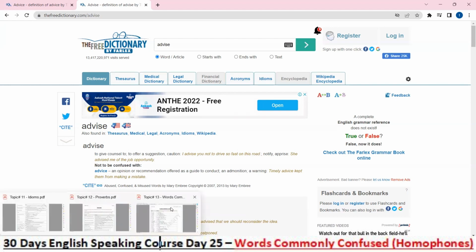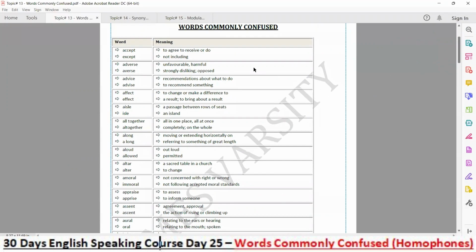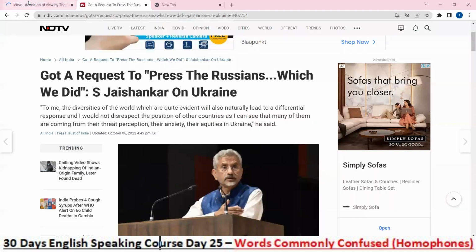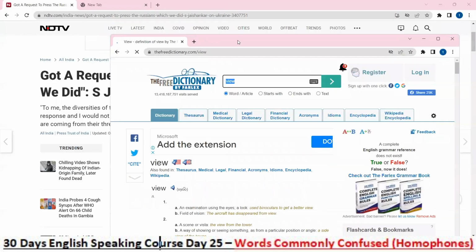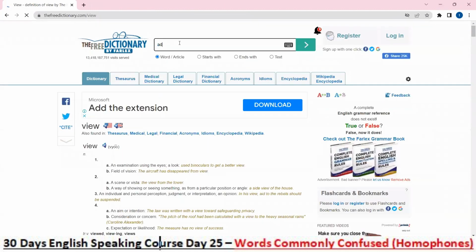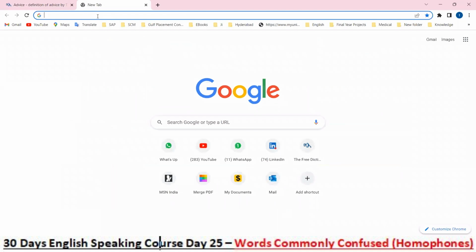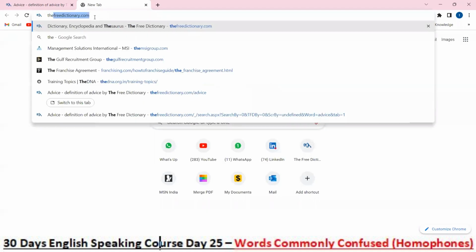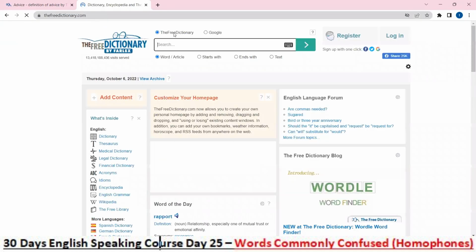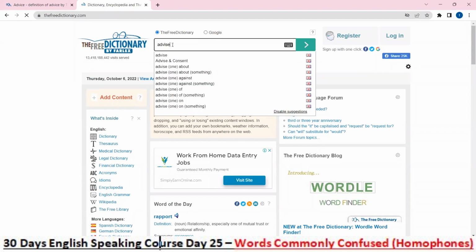Similarly, a number of other words are there. For example, advice, and this one is advise. So the pronunciation of advice, you see here. Let me put A-D-V-I-C-E and the similar one in the free dictionary. A-D-V-I-S-E.